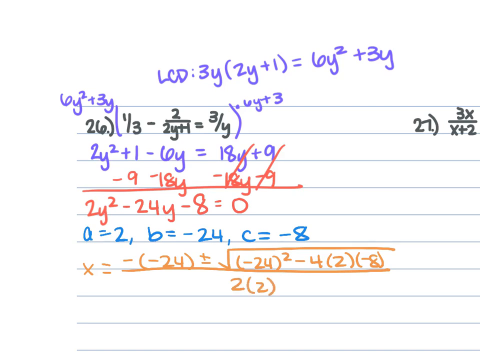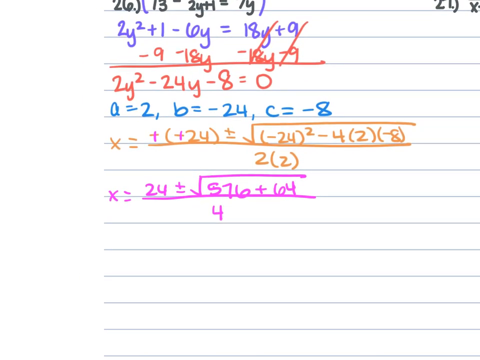So your two negatives next to each other turn into positives, so x is equal to 24 plus or minus the square root of 24 squared gives us 576 plus, because the negative times the negative, we have 8 times 8 is 64 all over 4. So when we add the 576 and the 64, we're going to get x is equal to 24 plus or minus the square root of 640 all over 4.